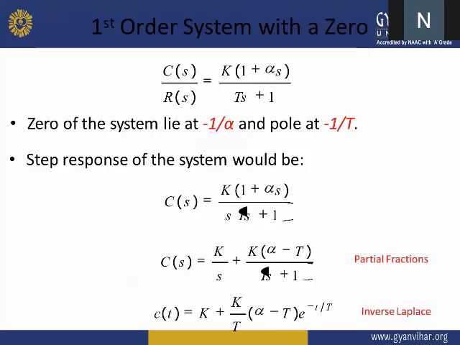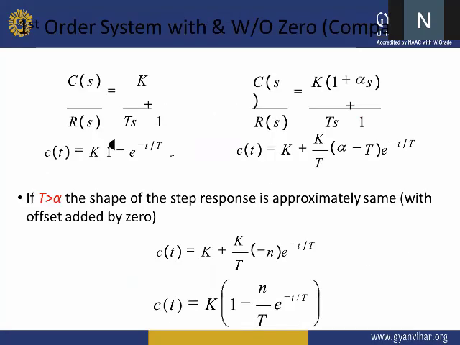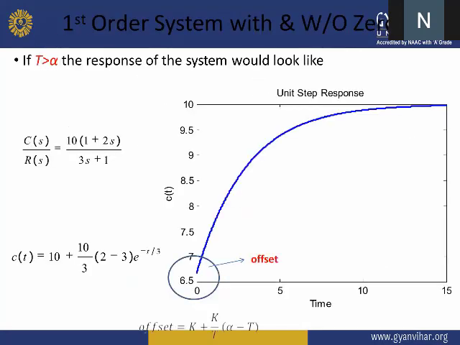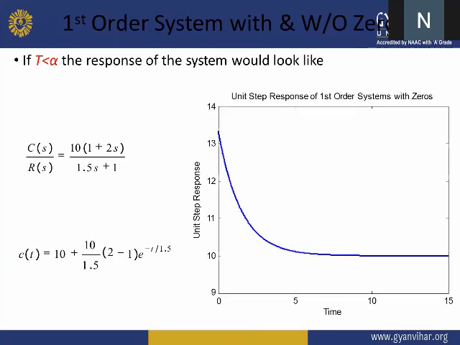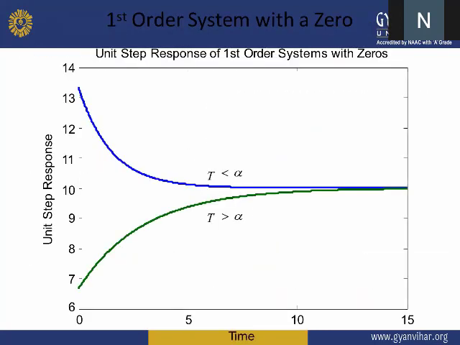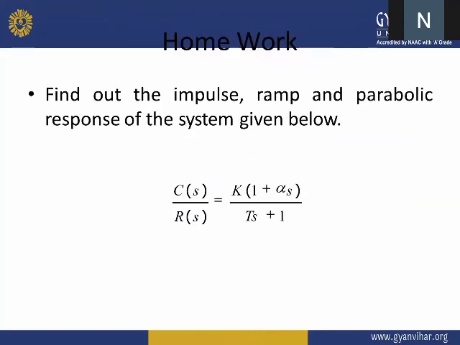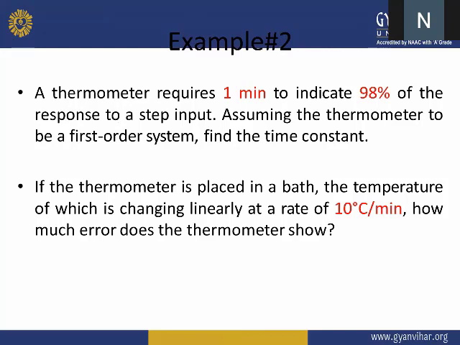We have seen the effect of zeros, and a first order system without a zero. We have done the comparison in both cases: when in the zero case, t is less than alpha, and when t is greater than alpha. This was the problem which I gave you to work on.